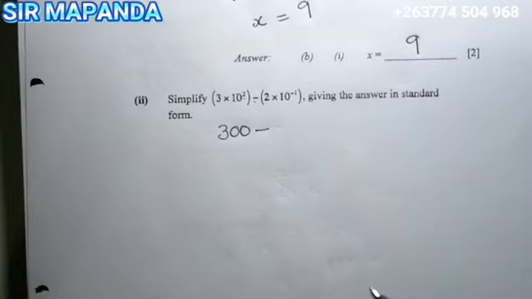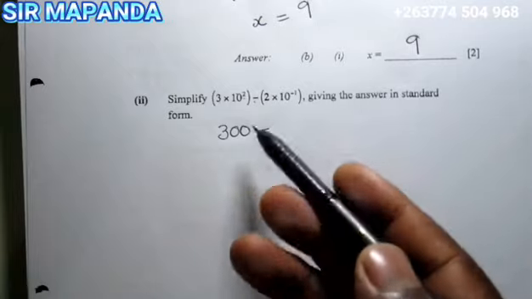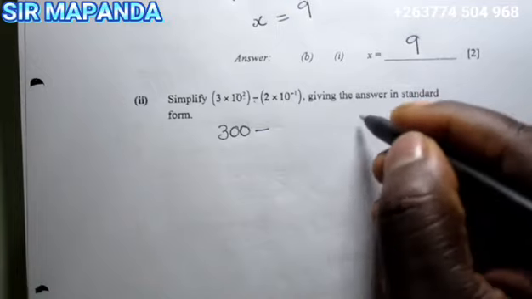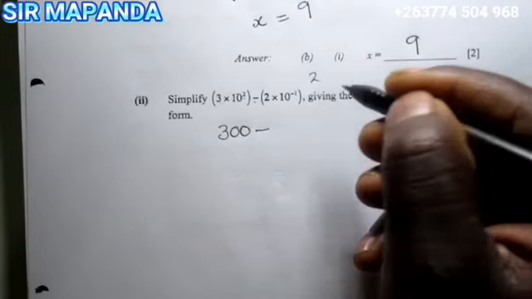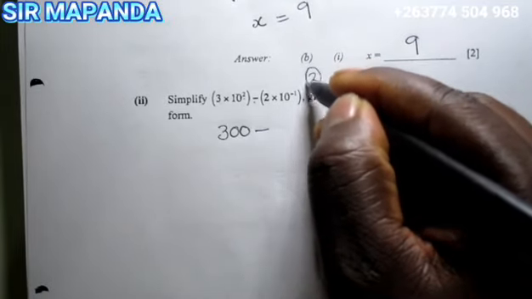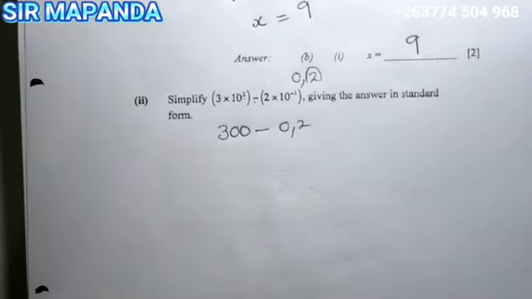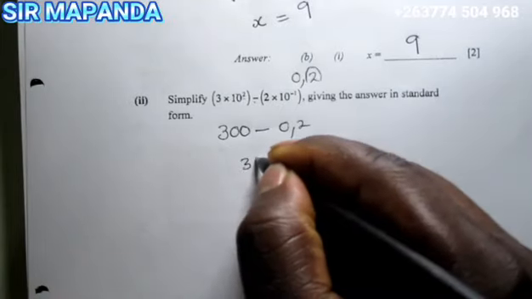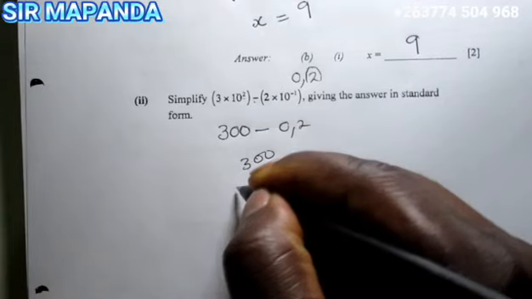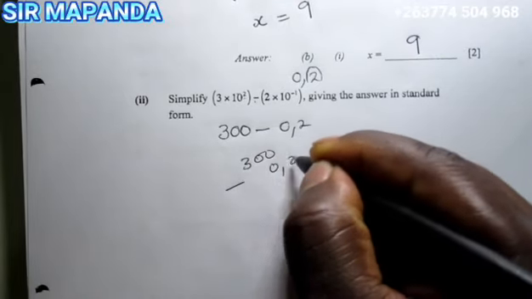But on the right side, we have minus 1, a negative power. Minus 1 means we are going to move the comma 1 step to the left. So take, for example, this is 2. If we move the comma 1 step to the left, you will have 0.2. So 2 times 10 to the power of minus 1 is 0.2, right? So 300 less 0.2.